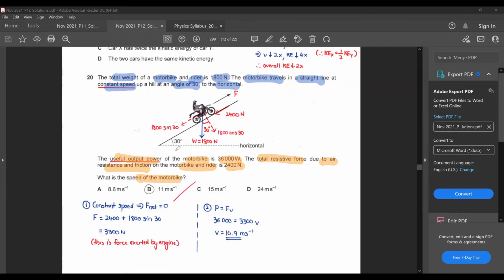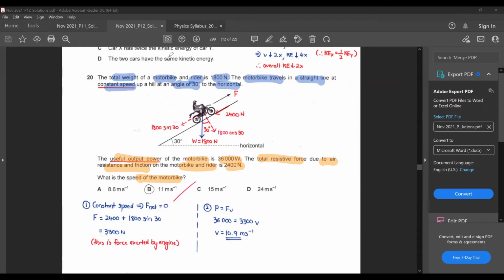Okay, so usually when you see this kind of question that relates to power and then you see an inclined slope, one of the first things you will normally do is you try to look at the forces and you try to resolve the forces along the slope. Okay, this is something that you will eventually do automatically if you've done enough inclined plane problems.